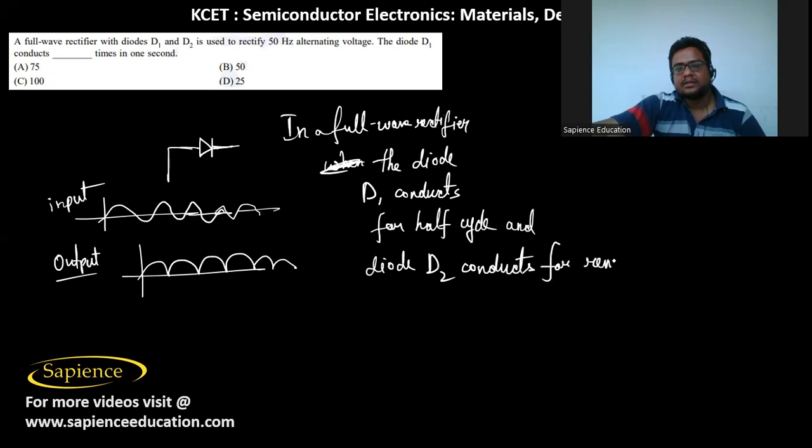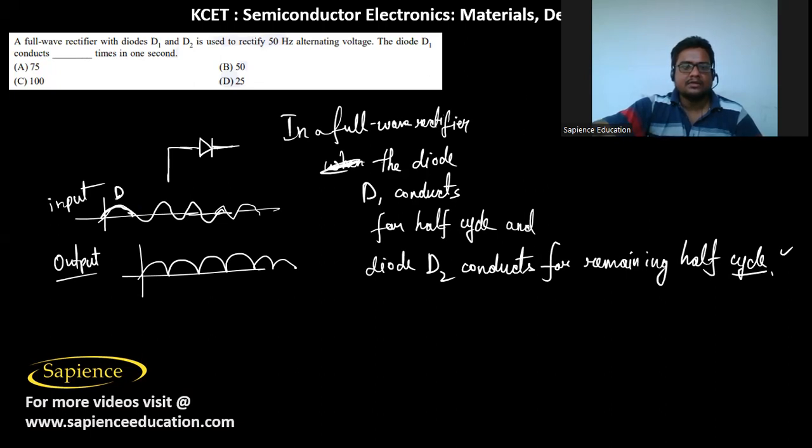So in every cycle the same thing will happen. In the first half diode D1 will conduct, and in the next half D2 will conduct, and in the third half again D1 will conduct, and in the next half again D2 will conduct.